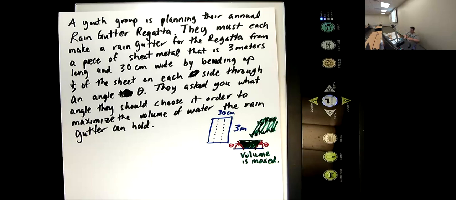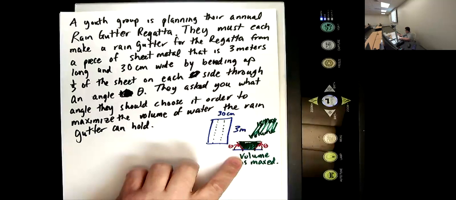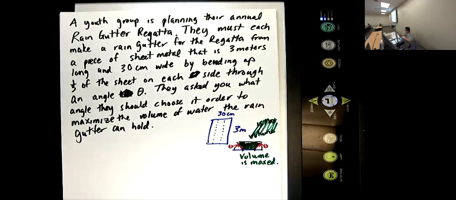I feel like, and tell me if you guys feel this way, do we really need the whole length? Do we need to do the volume? Wouldn't it be enough just to maximize the area? I would think, because just multiplying the height, no matter what we get for the area, the height is not changing.